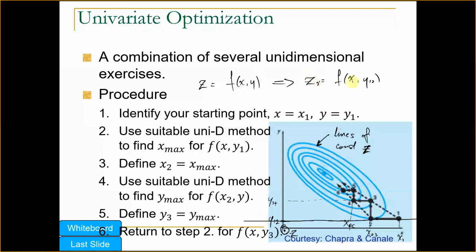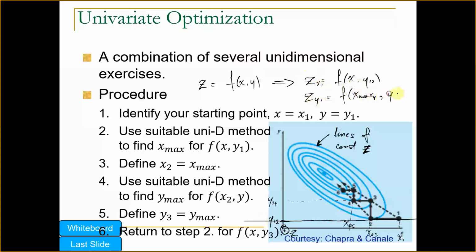When you found x max, I'm going to call it x max 1, then I'm going to say z, I'm going to call it zy1, is going to be f of x max 1. That means the max I got when I did this one.